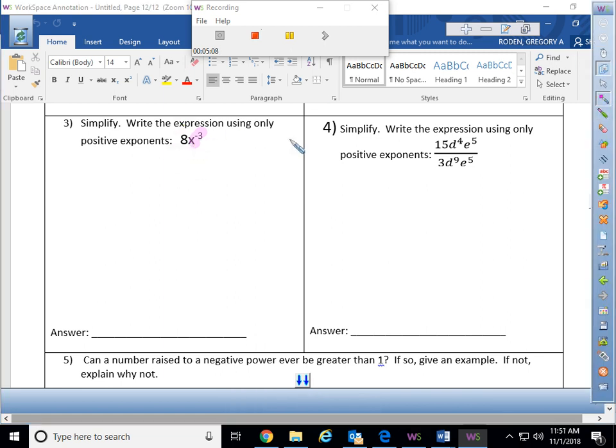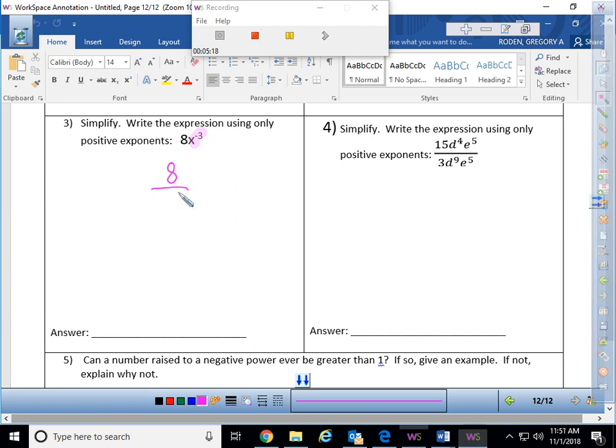So the 8 is actually going to stay on top because it is not affected by the negative 3 exponent. The x, though, is going downstairs because it's a negative exponent, and it's now to the 3rd power, because when we bring it down, we get rid of the negative. So the answer would be 8 over x to the 3rd power.